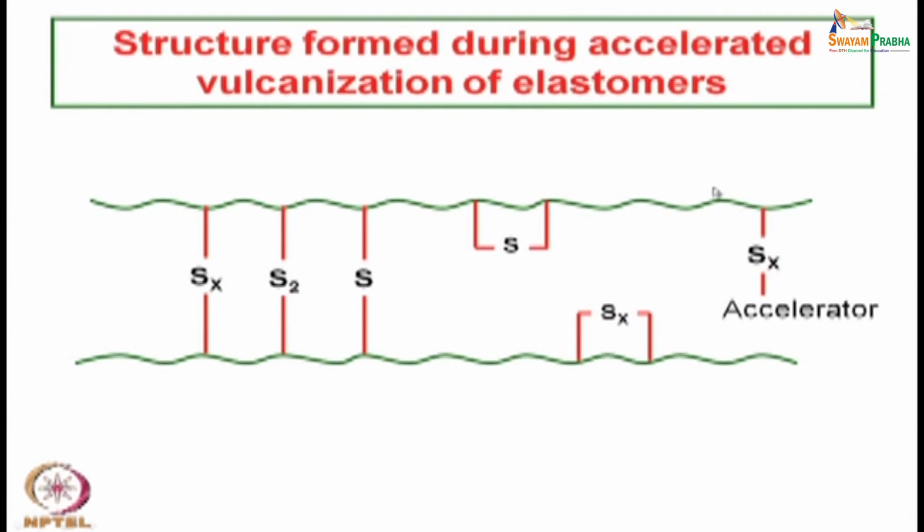So, this is the nature of the cross-link in our product. The more the concentration of this linkage, the more will be the tensile strength, but poorer will be the aging characteristic.